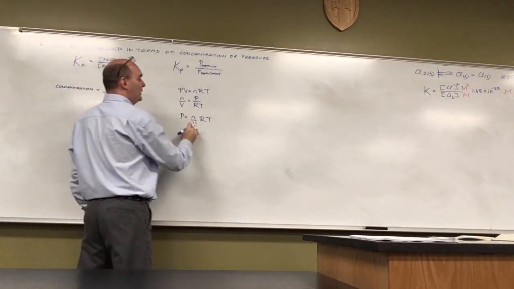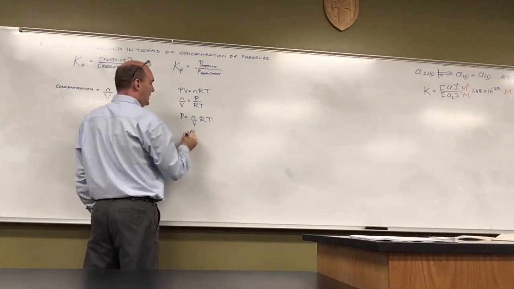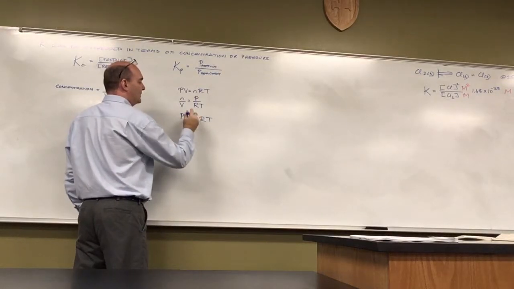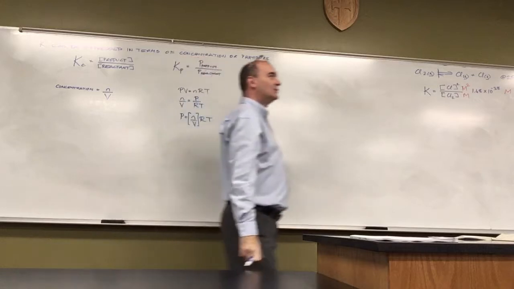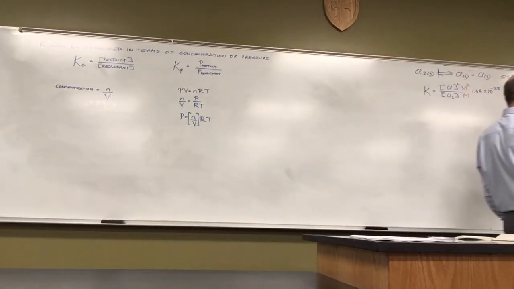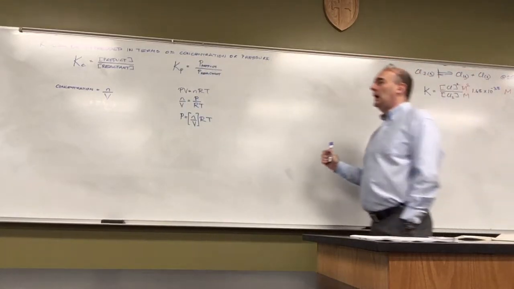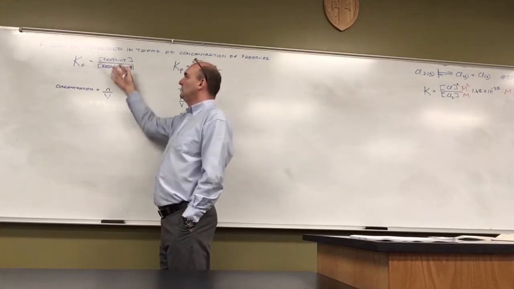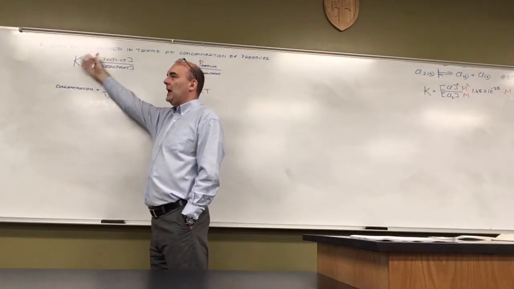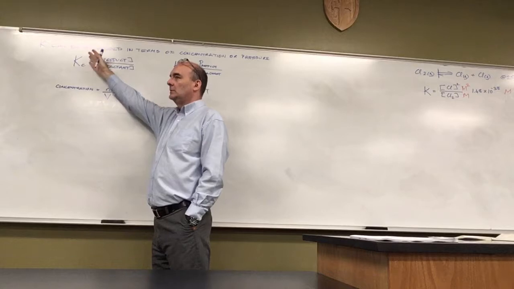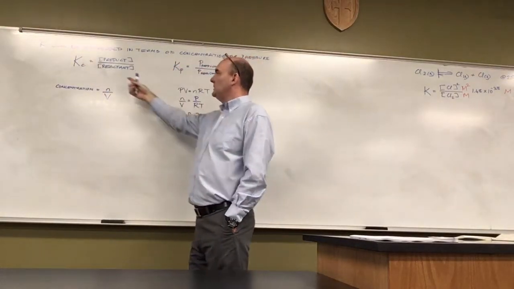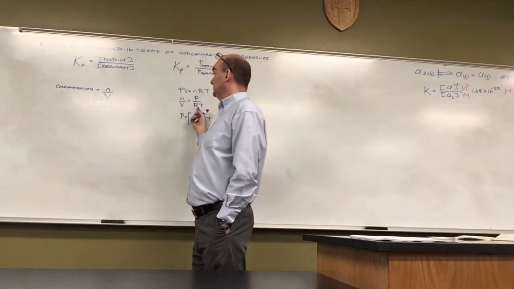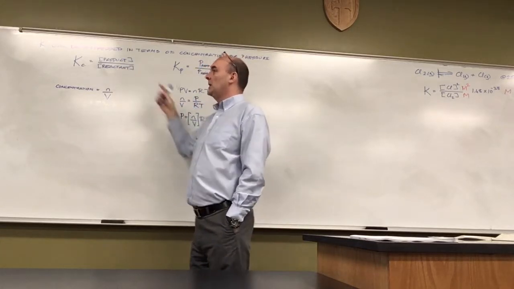If I do P equals n over V times RT, this is the same as concentration right here. So if I have a reaction and I find the value of K this way with concentrations, I can push my numbers into here, P over RT's into there.